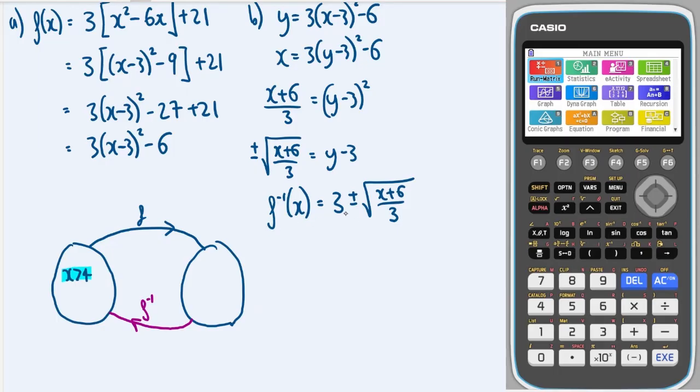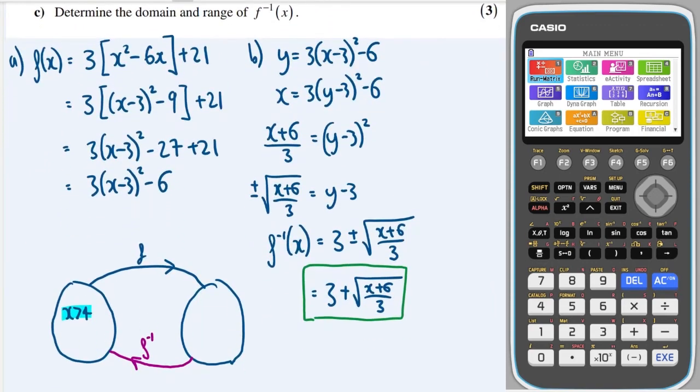So the inverse function is only allowed to spit out values which are greater than 4, so therefore I cannot have a minus sign here, because that will give me a value which is less than 4. So I have to disregard the minus sign and allow this to be our inverse function.